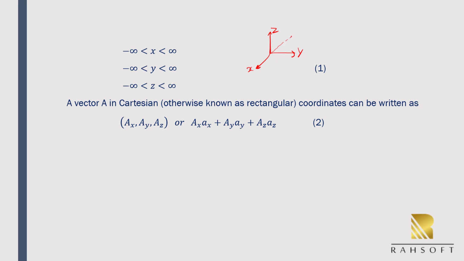As I already told you, this is plus to minus, that is minus infinity to plus infinity in the x-axis, and in y minus infinity to plus infinity, and in z minus infinity to plus infinity. So a vector A in a Cartesian, otherwise known as rectangular coordinate system, can be written as ax, ay, az. So you can write it as ax plus ay plus az. This is the representation of the Cartesian coordinate system.